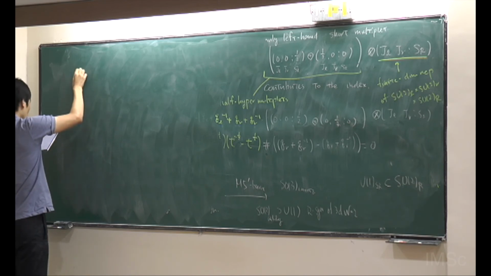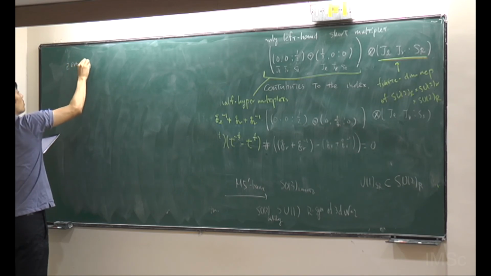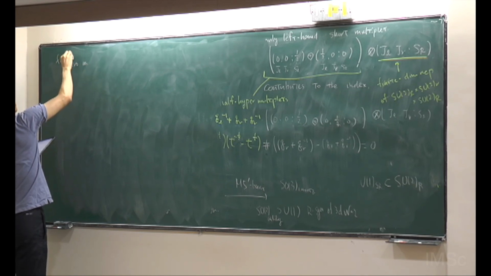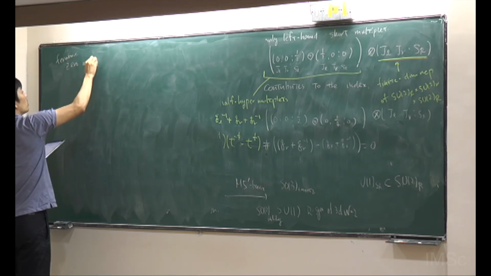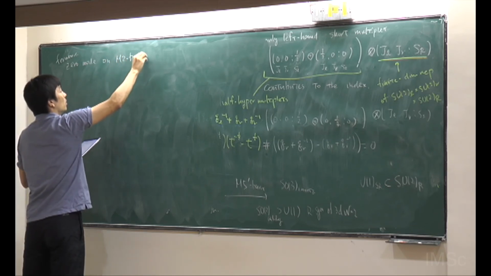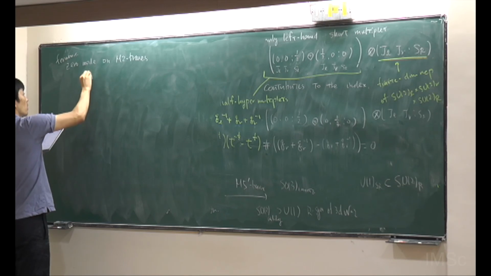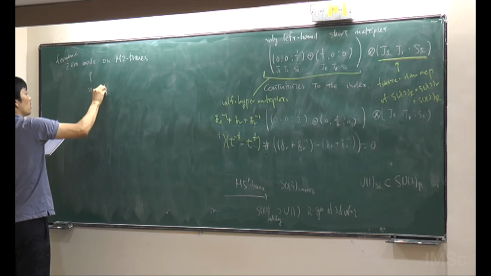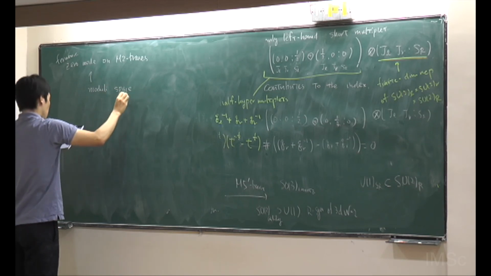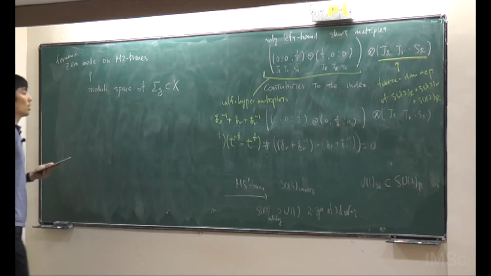So I just want to mention how you evaluate the numerator. The numerator is obtained by the Fermi zero modes on the M2 brane. And these Fermi zero modes are actually the cohomology group of the moduli space of holomorphic deformations in the Riemann surface.